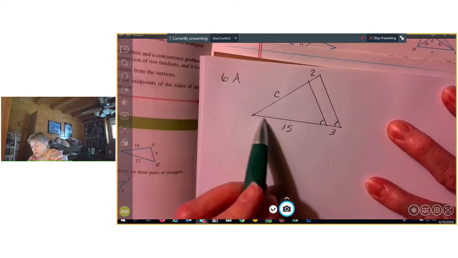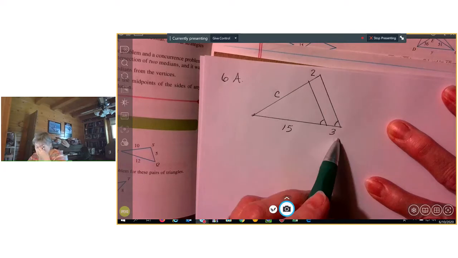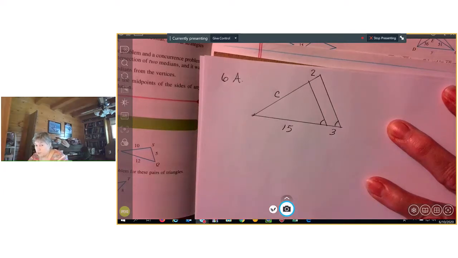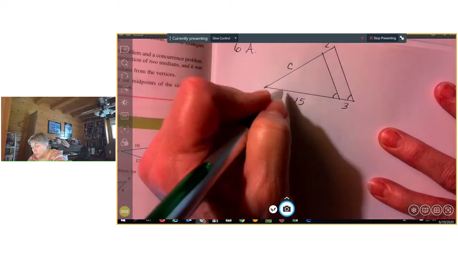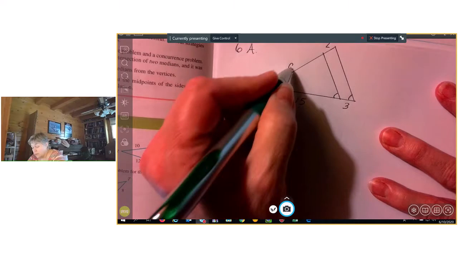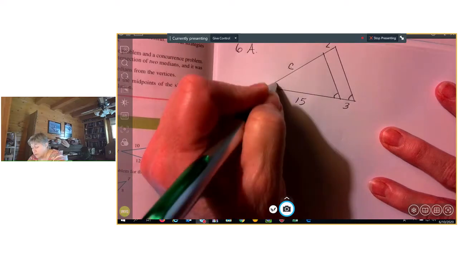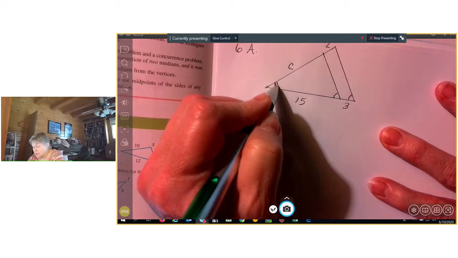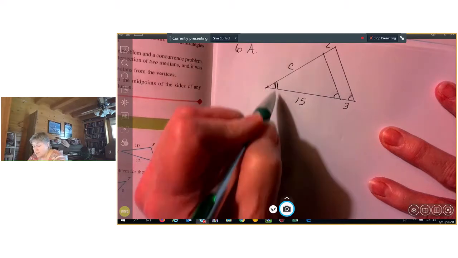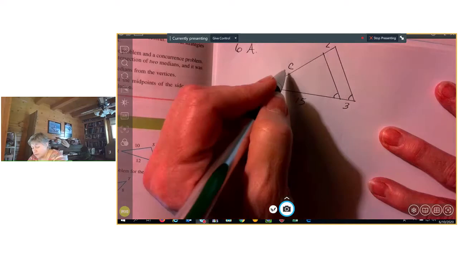This 3 is here. So this whole side is going to be 18 units long. So when you're trying to find this, you need to make sure we have a side-angle-side, because this is the same angle on both of these. So of course it's going to be the same. So we have to find these proportions.